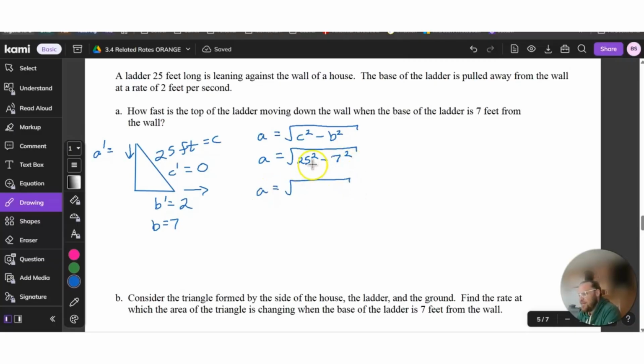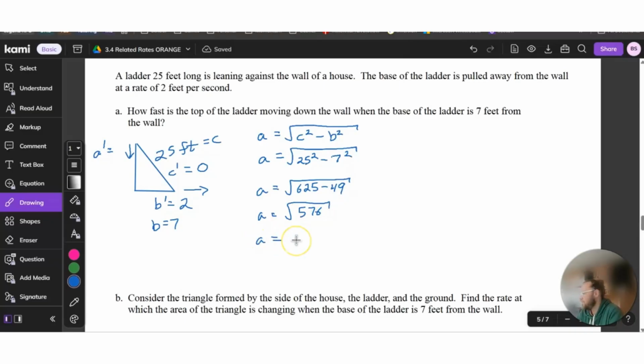All right. 25 squared is 625. 7 squared you guys should be able to do. What's 7 squared? 49. All right, so that means that A is going to be the square root of 576.